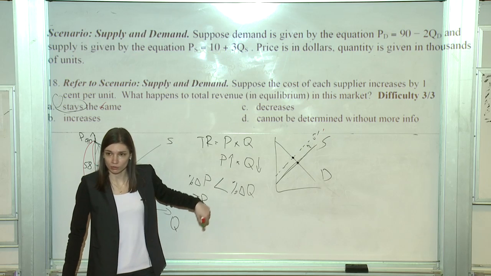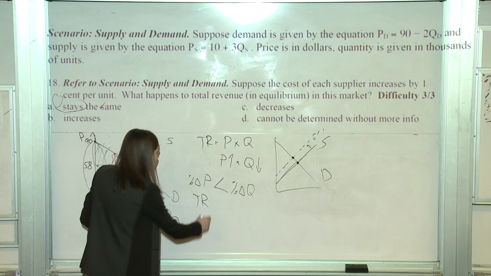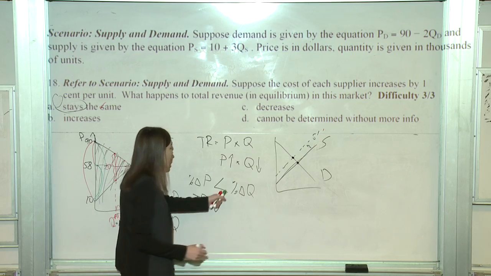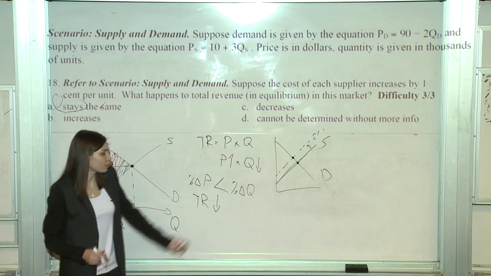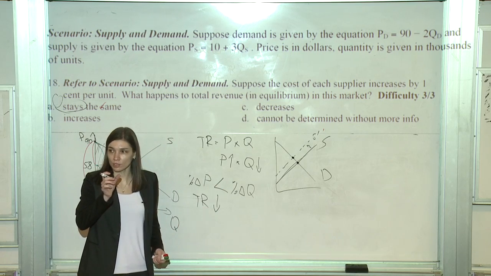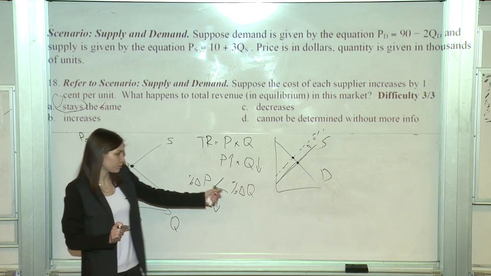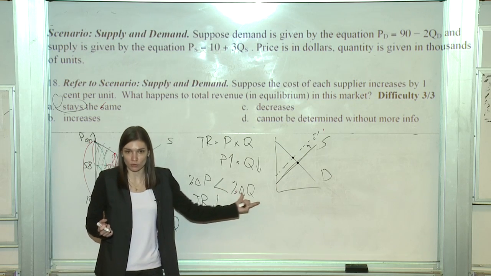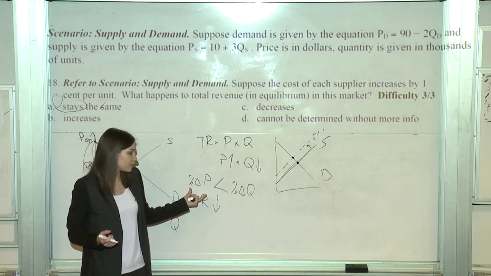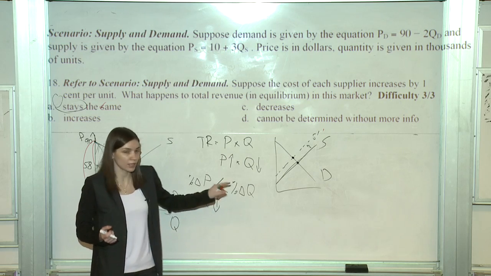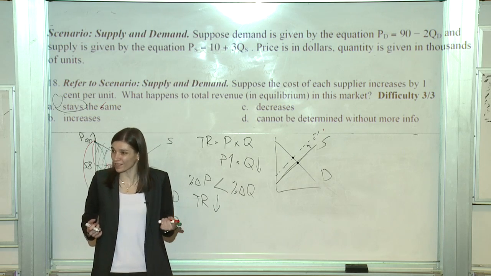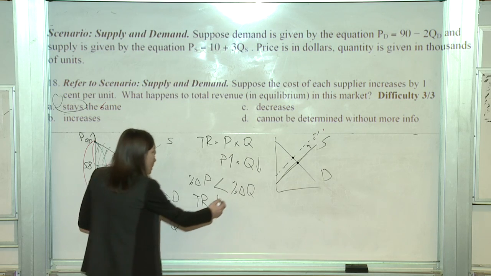So total revenue decreases. Total revenue is going to go down. And what kind of situation do we have here when a change in quantity is higher than change in price? It's elastic, right? Because the elasticity is percentage change in quantity divided by percentage change in price. So if this is higher than that, then we're going to have an elasticity of more than 1, or elastic.